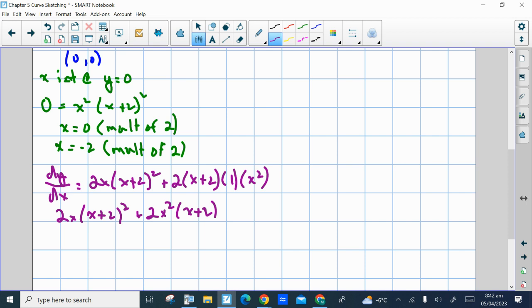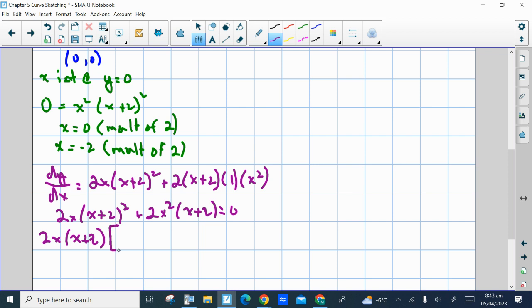And remember, you're trying to find the critical numbers for this. You're trying to find the zeros of this. And so you want to factor it to get the zeros. And so I would factor it from this point here. There is a common factor of 2x bracket x plus 2. Each term has at least a 2x in it, and each term has at least one factor of x plus 2 in it.